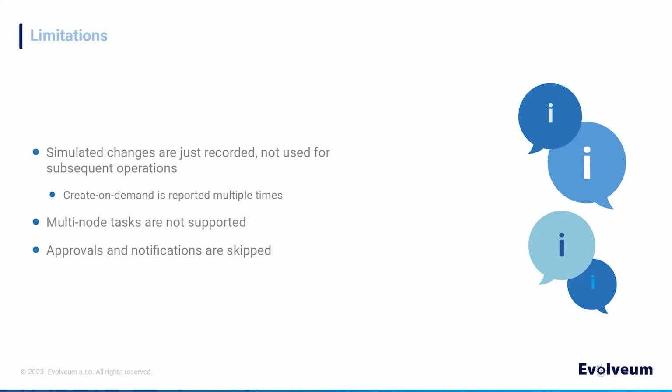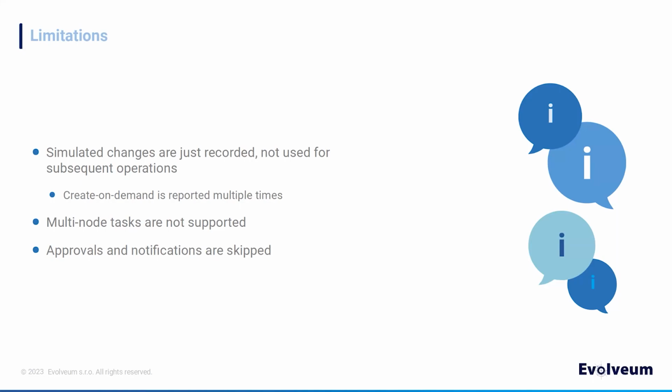Multi-node tasks are not supported yet, although bucketing in a single longer running task is. And in my opinion, it's a good idea to use the bucketing for longer tasks so that simulation result will be updated at regular intervals during the task run. And then approvals are skipped during simulations.